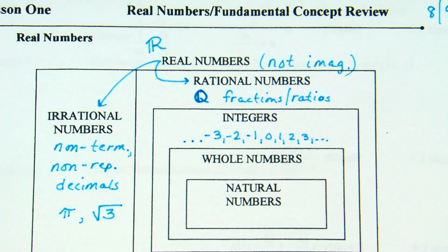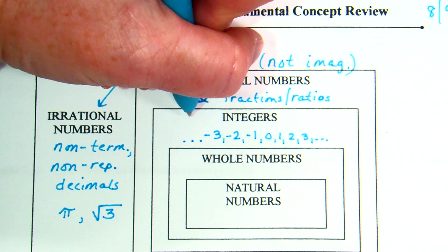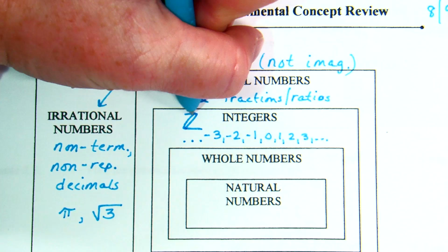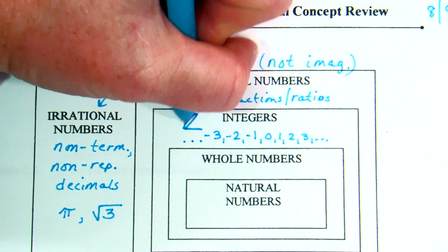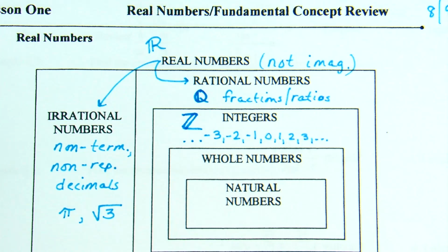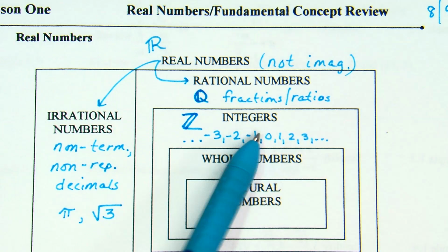To represent the set of integers, they use a fancy Z, with the double line down the middle. So integers are Z. And keep in mind as we're doing this, we start with real. Rationals fall under real, correct? And then all integers fall under rational, because all integers are rationals.